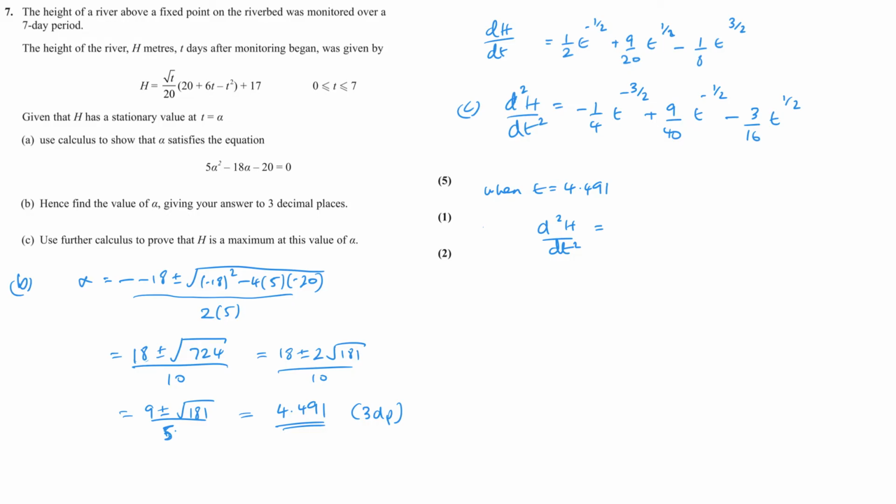It just makes it a little bit easier for you. So this is minus 0.317, which is less than 0, therefore max.